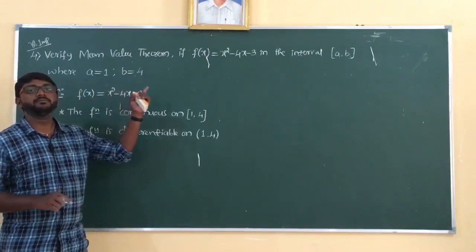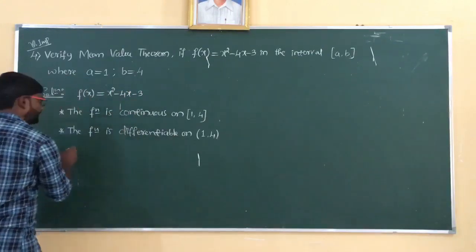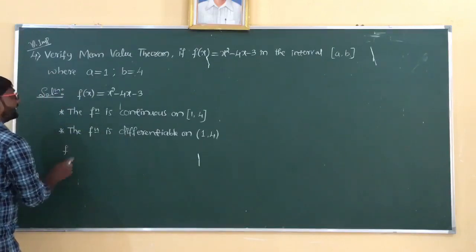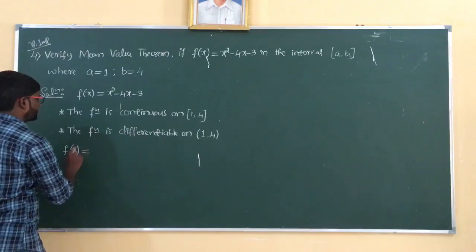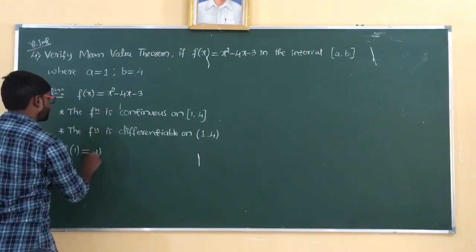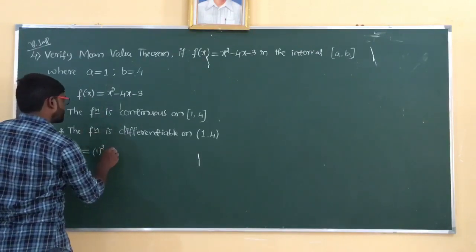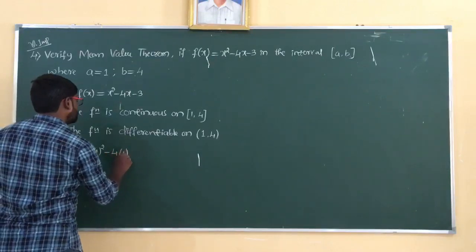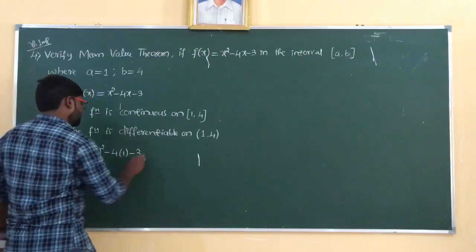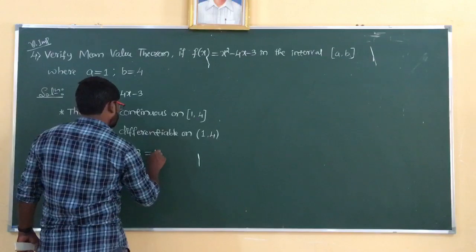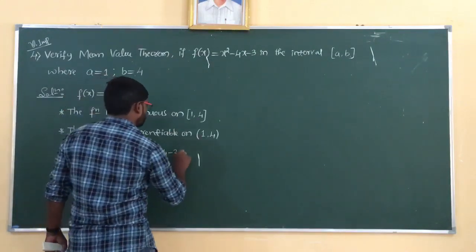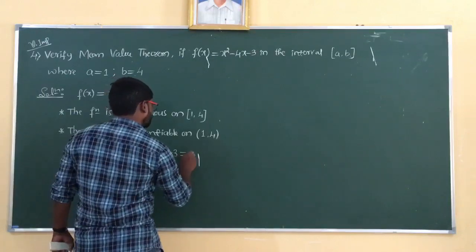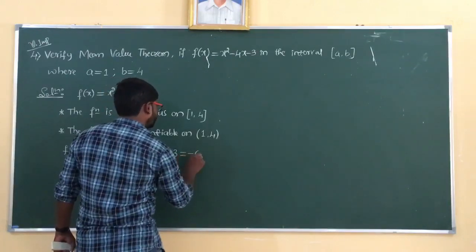So now I will go for f of a, that is f of 1, which is equal to, replace x by 1 now, 1 square minus 4 into 1 minus 3. So 1 square is 1 minus 4 minus 3. So now this will give us minus 6.